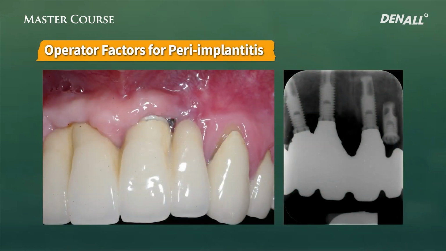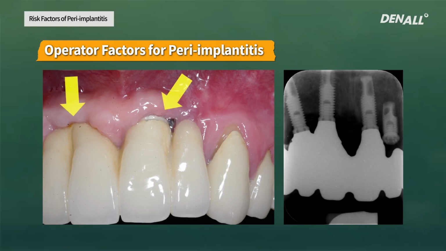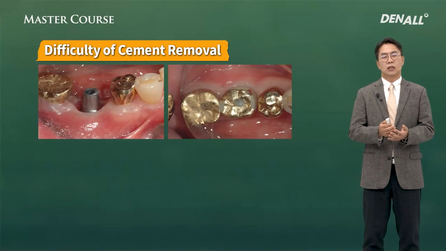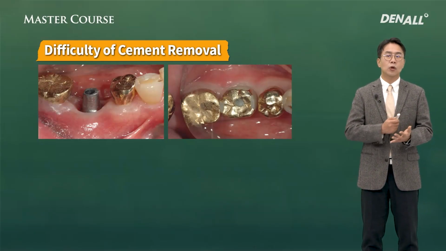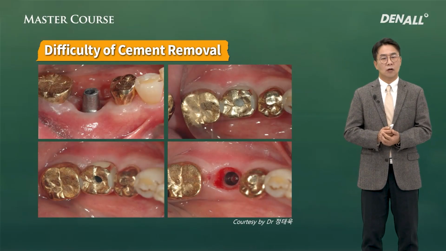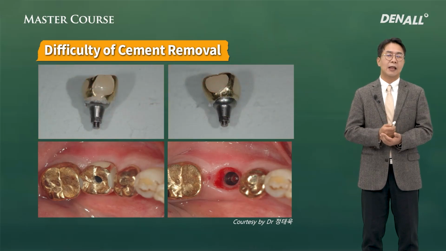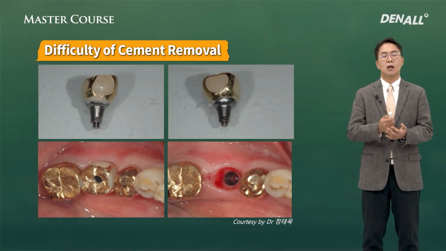Implants can be attached in a screw-retained or cement-retained way. The cement-retained approach may have residual cement problem like here. If there is excess cement, that can cause peri-implantitis later. Despite our efforts to remove the cement, often they cannot be completely removed.